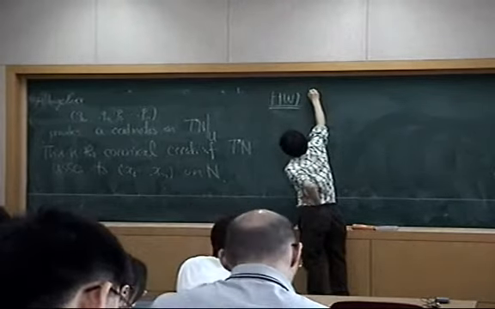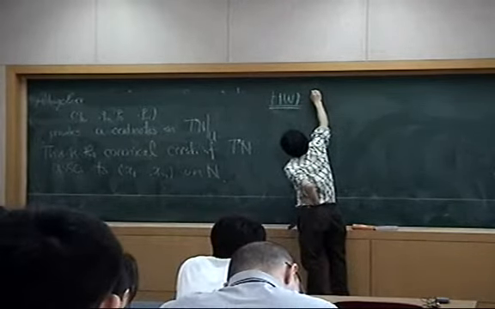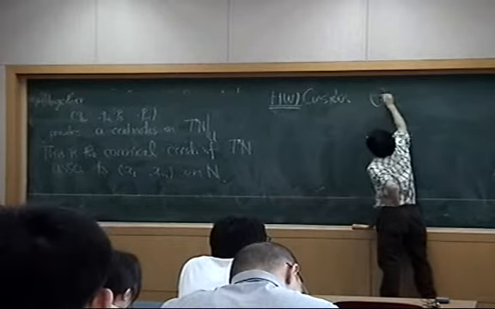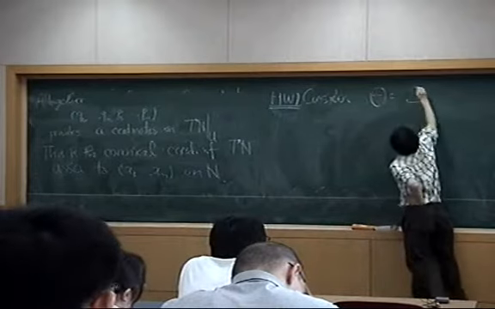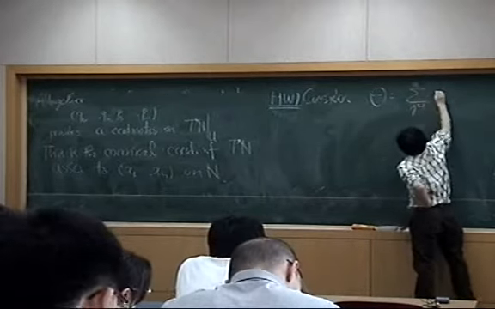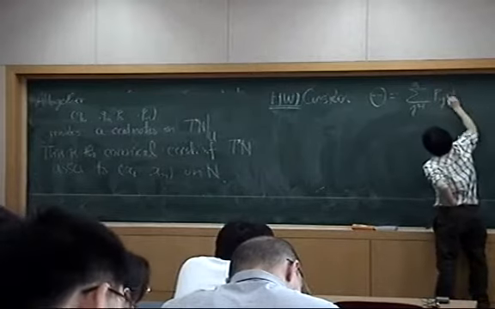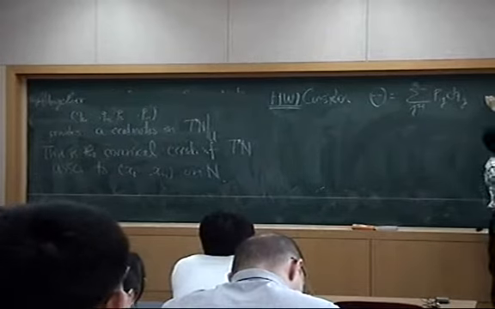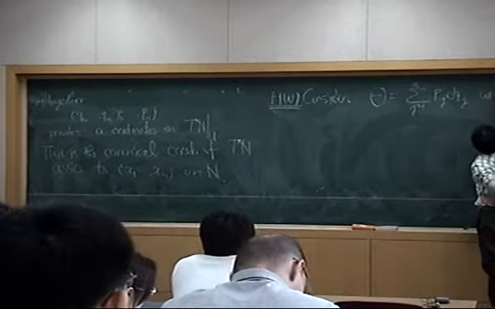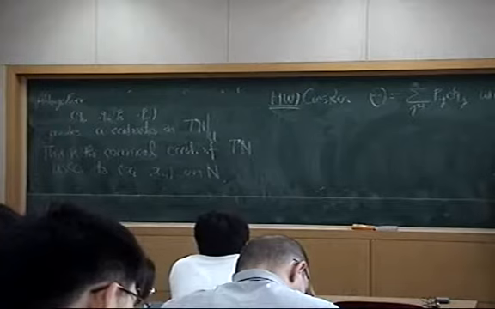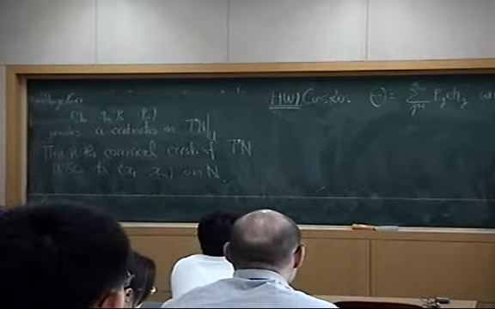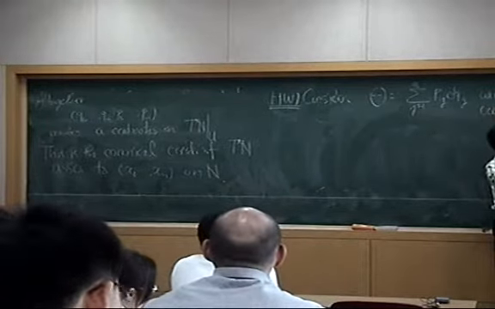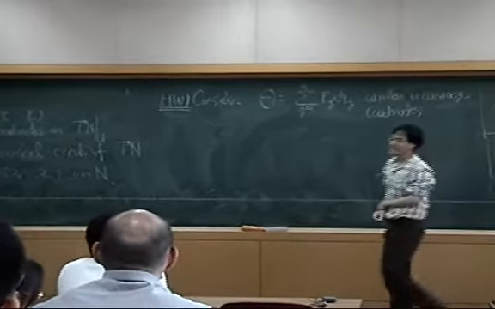Proof. So consider this one-form written as the sum of pj dqj, written in canonical coordinates. Prove that it is globally defined.